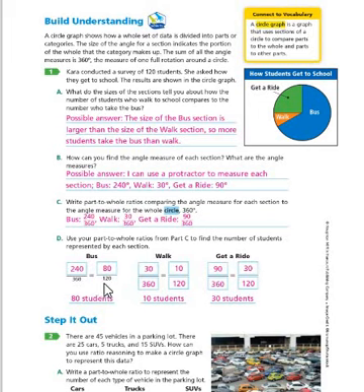This is why we put it here as a denominator, and we compare it to 360, because 360 is the angle of the whole circle. Now we are finding equivalent ratios.